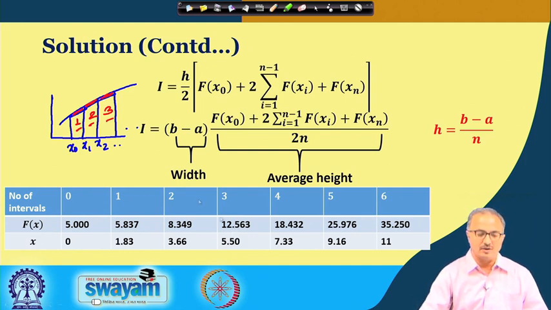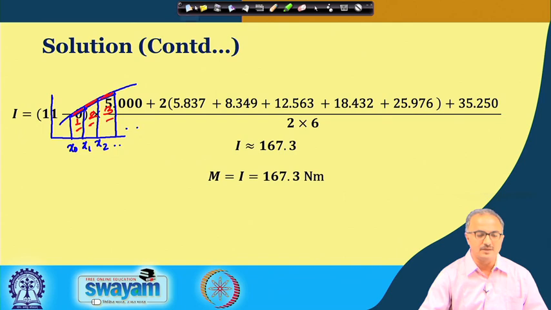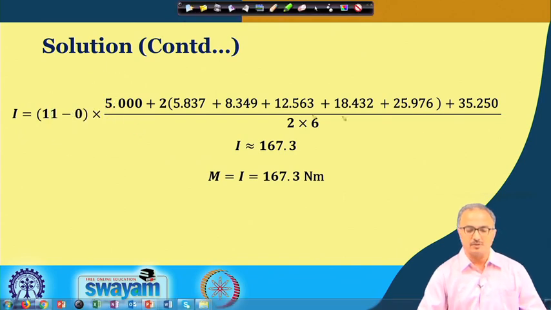We put all these things in this expression, for example, for f(x0) we shall put 5, for f(xn) we shall put 35.250, and in between we shall be putting all these values. Okay. So, we shall put these values over here. And after inputting all those values, we get the value of I or the moment like this. Okay.